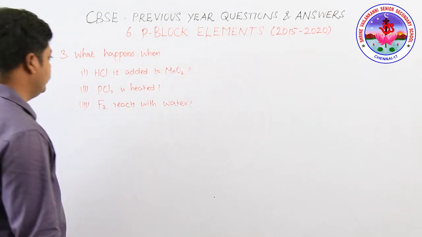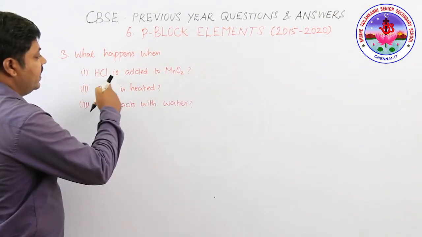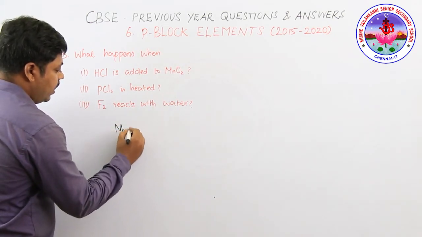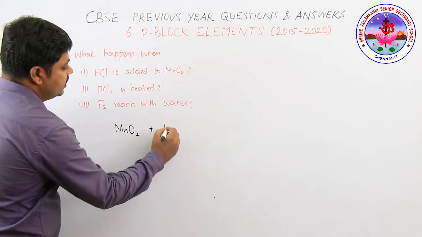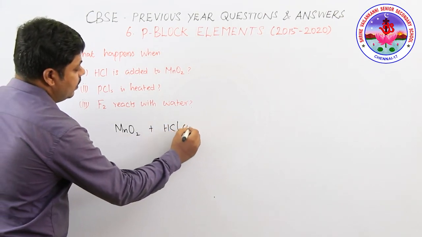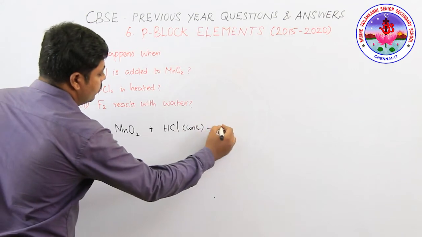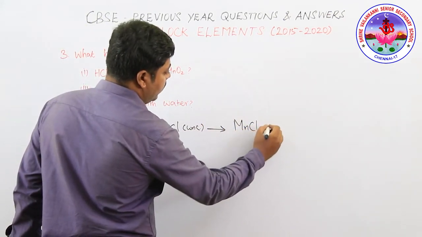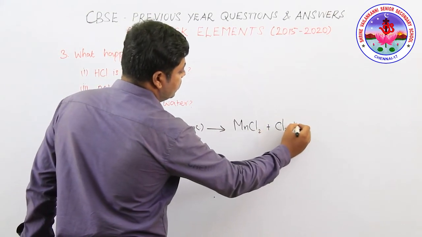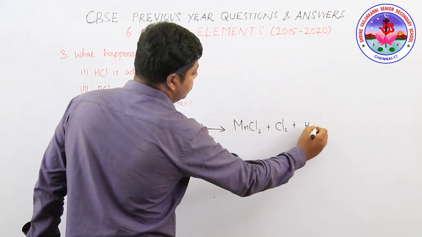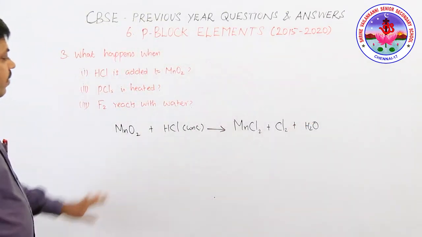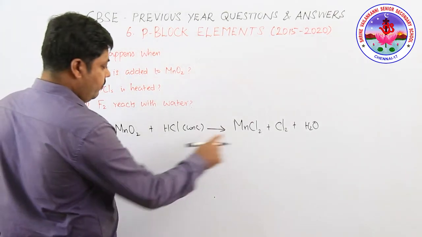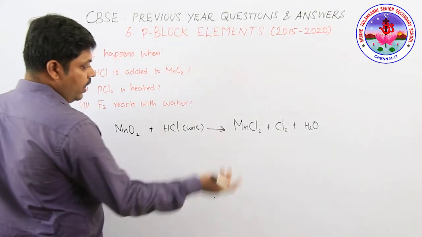Now the answer to the first question: manganese dioxide and concentrated HCl give manganese chloride and chlorine gas, then water. So this is the reaction. Now you have to balance the reaction. Manganese is balanced, then you have to balance the oxygen, and the chlorine also.